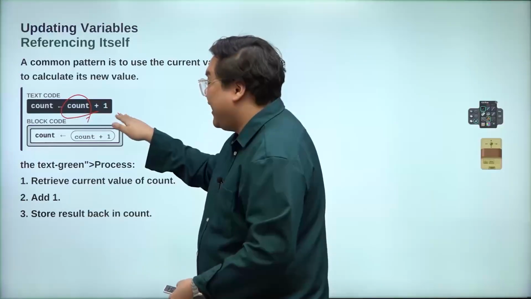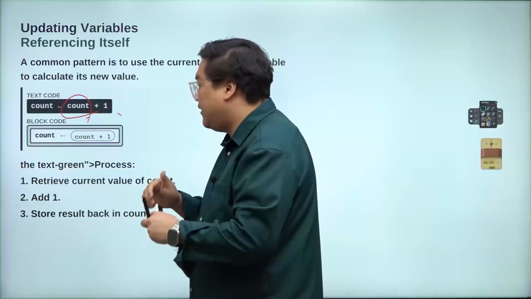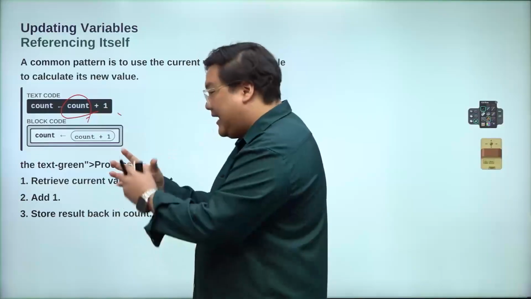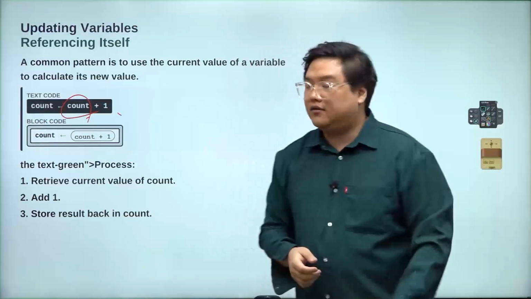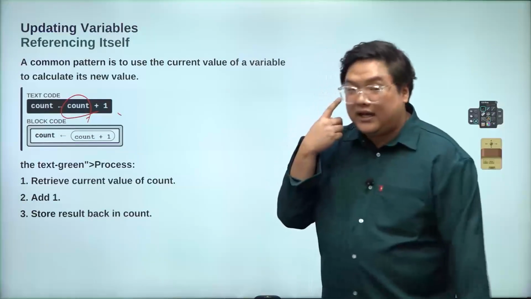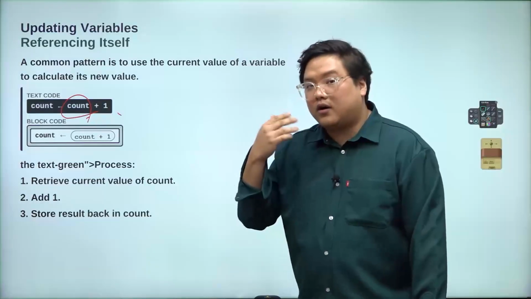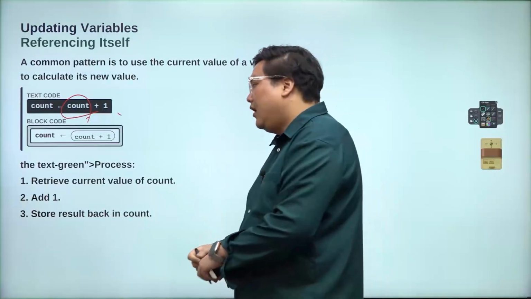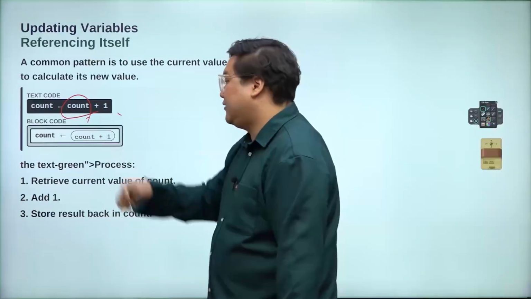On the right, we use the initial value saved in count, increment it by 1, and then save the result to the count variable. Although this looks basic, we need to think about the order of operations. Retrieve the value of count, add 1, and store the result back to count.